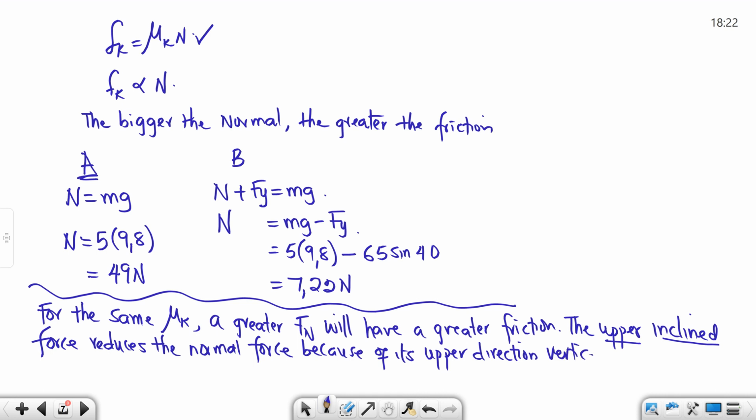Vertical what? Component. Hence, a small friction, because friction equals mu k normal. Please, this is an application question, and I try to make the explanation detailed just below. I hope we are okay.